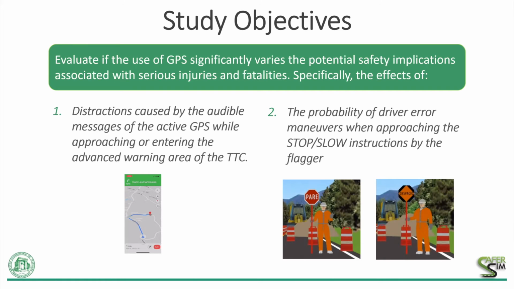So we're simulating a GPS in our scenarios. And we're also looking at the probability of driver error maneuvers when approaching the stop-slow instruction that our flaggers provide. So those were our two main objectives. Next.